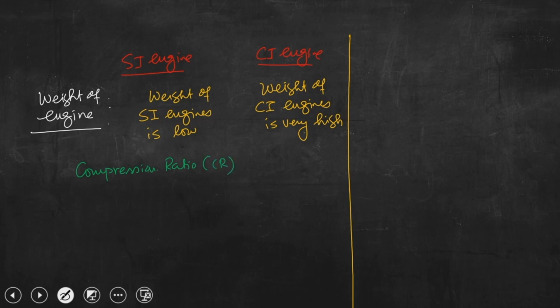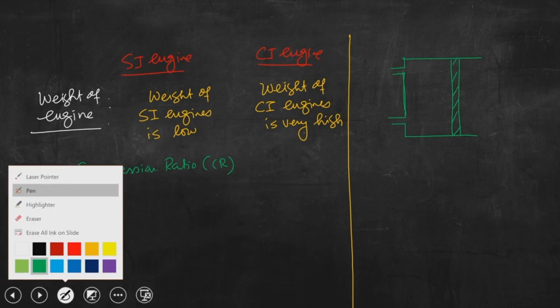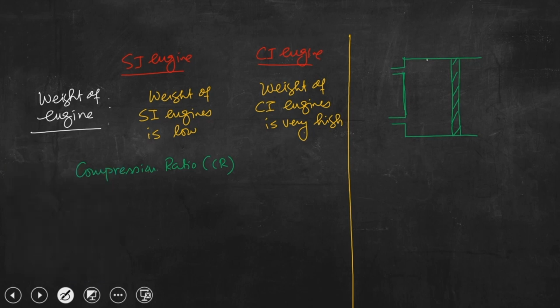If we try to draw the engine cylinder, these 2 points are, this is top dead center and this is bottom dead center, okay.